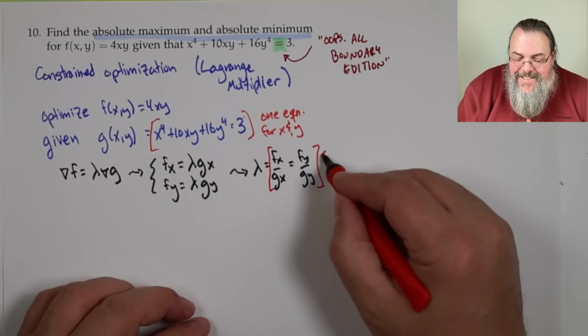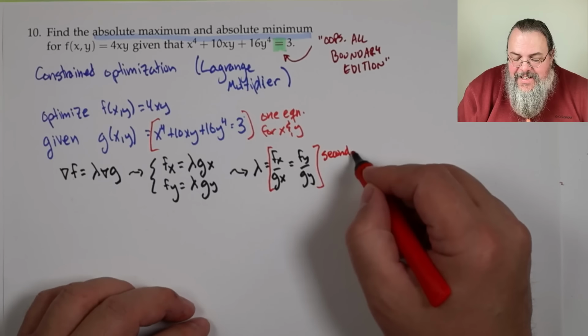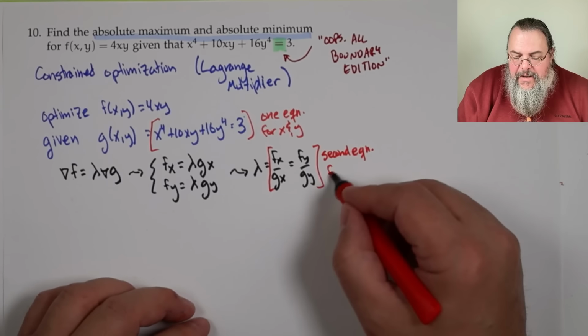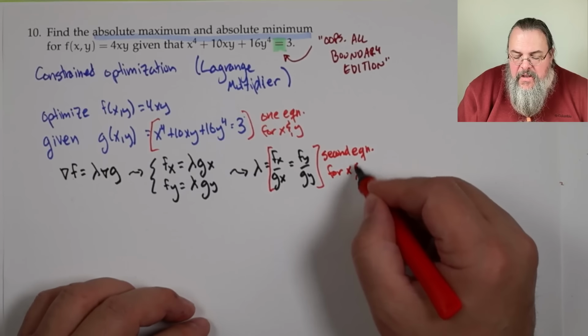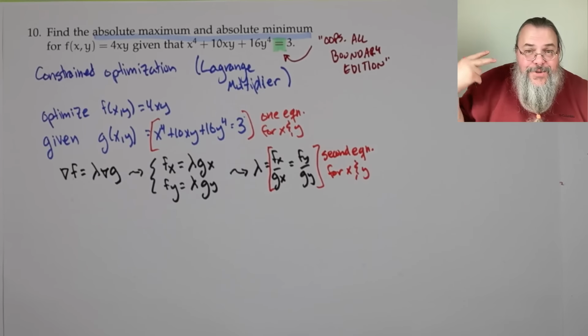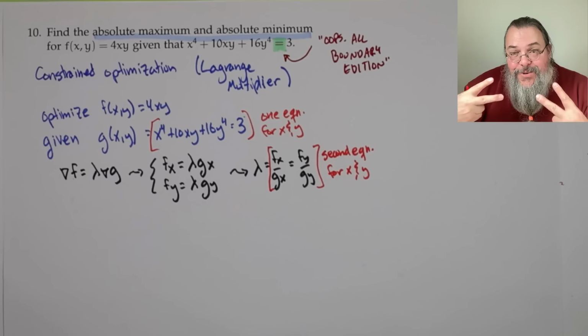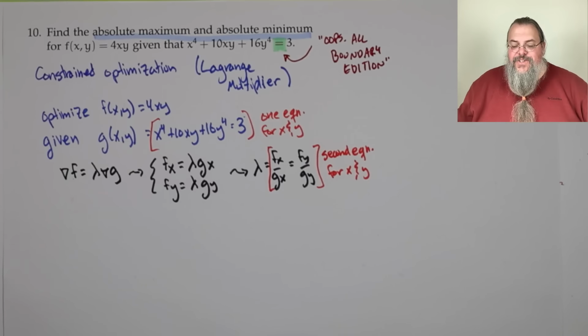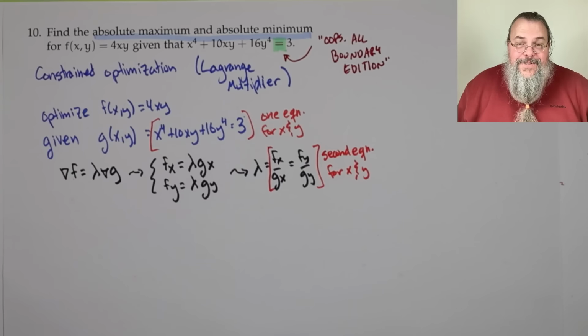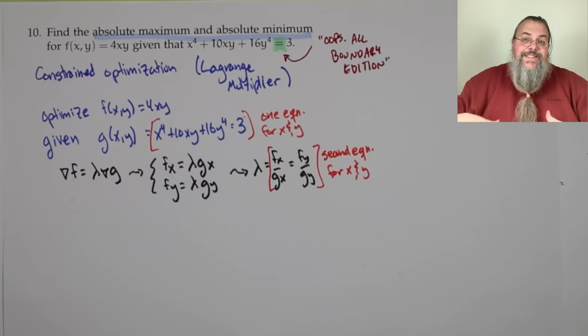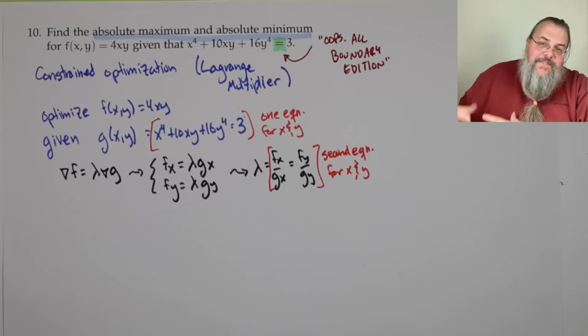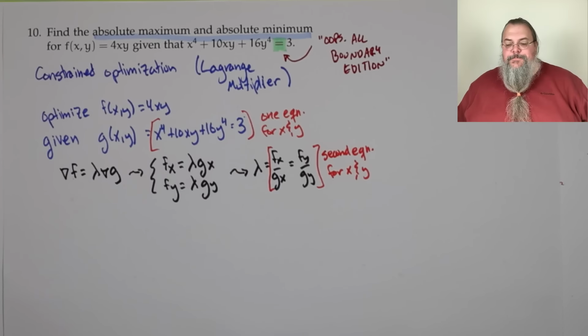So this is a second equation for x and y. In other words, we get two equations and two unknowns. And so that's enough for us to solve and find points. Those points get on the list. Once we have the list, we plug it into the function.